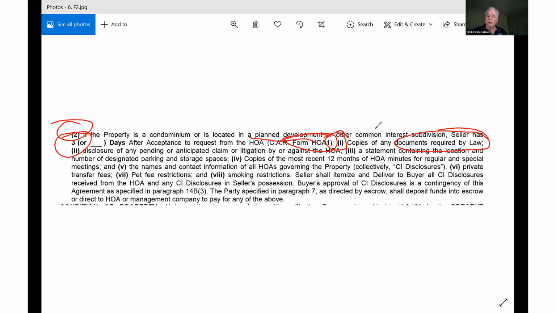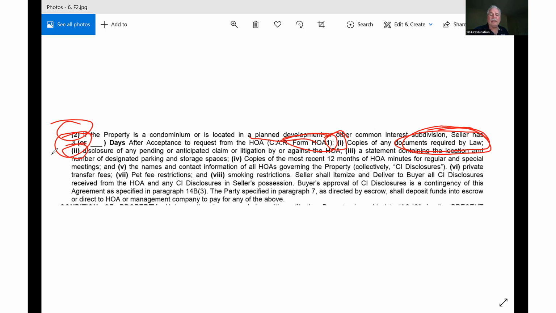So the contract says, and again, this is my RPA, contract between the seller and the buyer, copies of any documents required by law. So only do the ones that are required by law. The buyer can pay for the other ones. And that's what your contract says in your RPA in 7D 3 and 5, right? Okay.